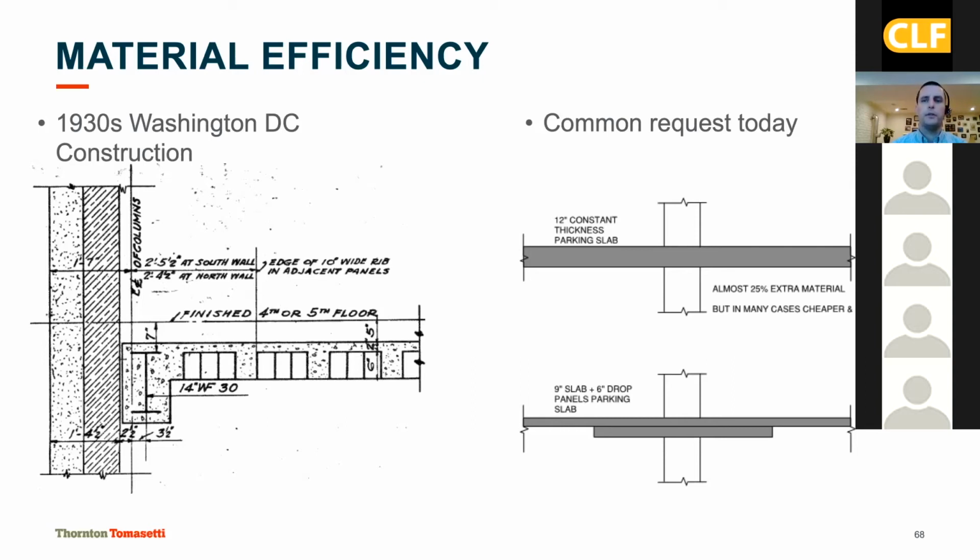So there have been cases in the past where it's been proposed by contractors to go to this constant thickness slab, which speeds construction or may speed construction, may be lower cost in the end, but obviously has a larger carbon footprint.